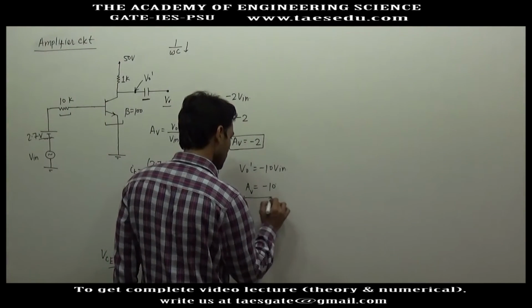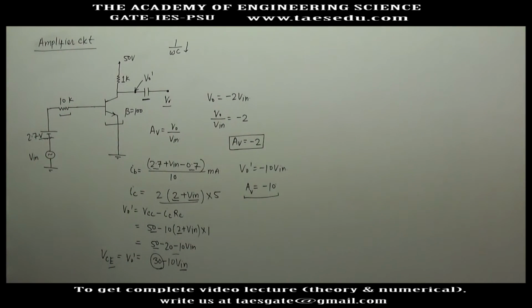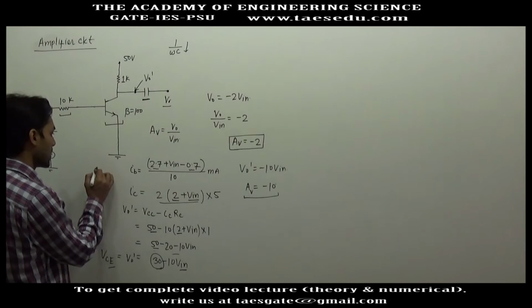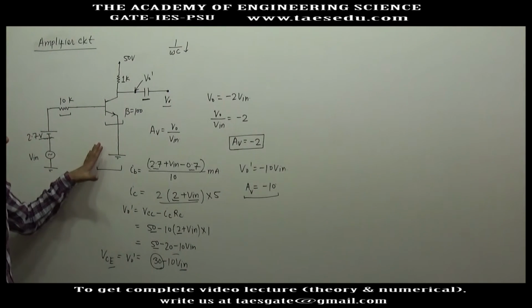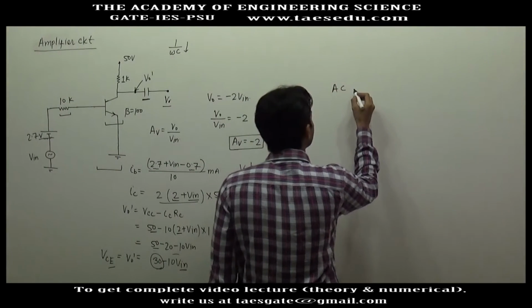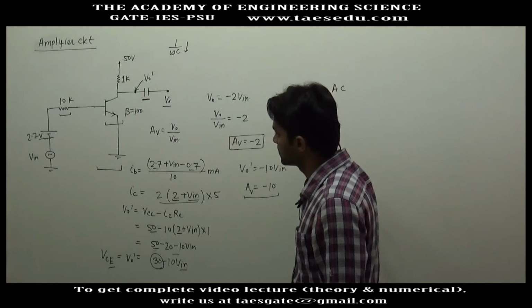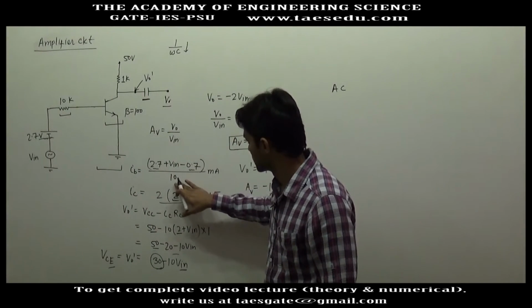But this is not the very popular method to find out the voltage gain of an amplifier circuit. In the next lecture we will develop the AC model of the transistor. What we are doing here is DC and AC analysis in the same expression.